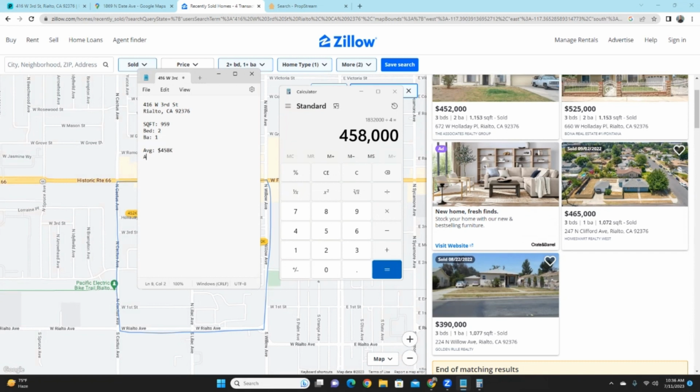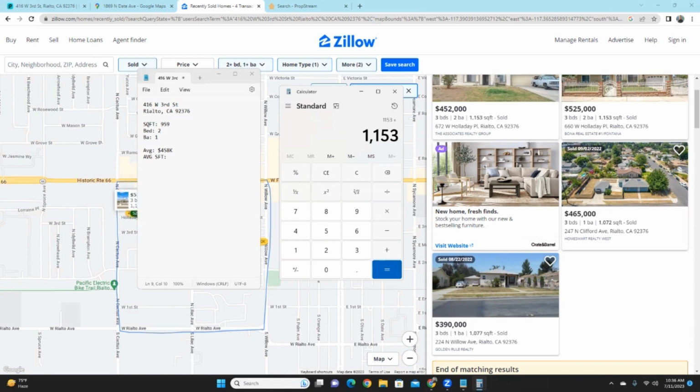Now we need to get an average price per square foot. So then we take 1,153. That's the square footage right here, right?